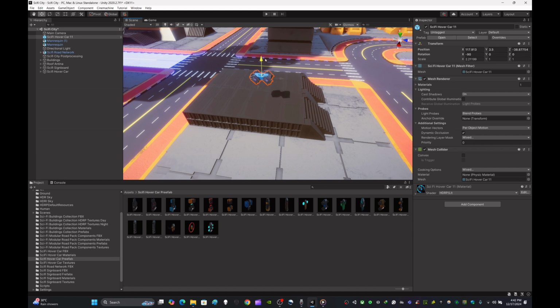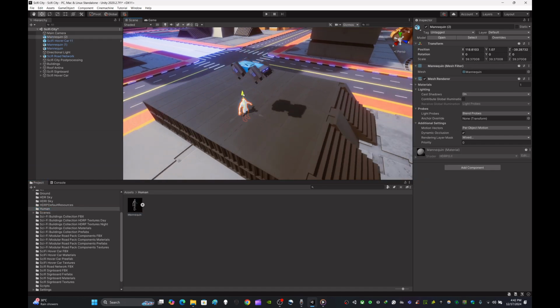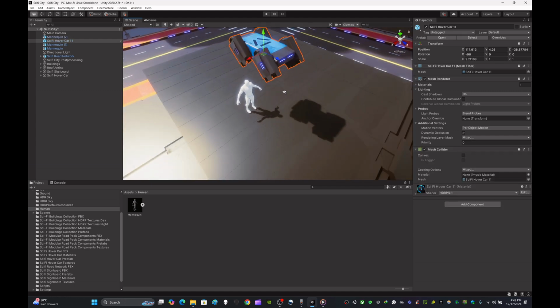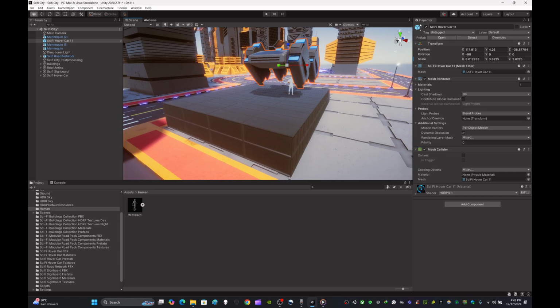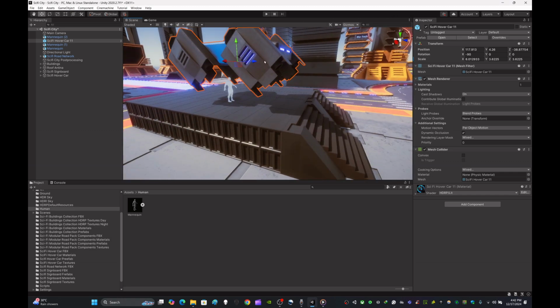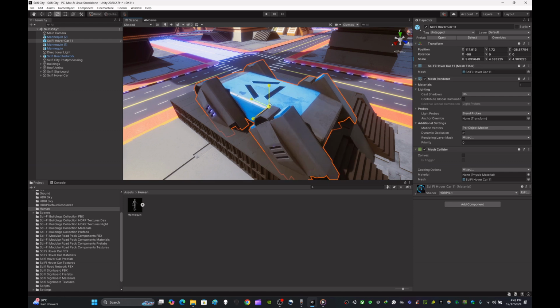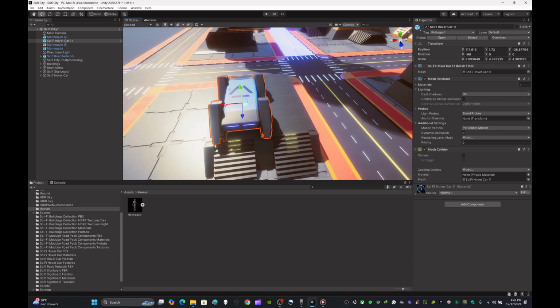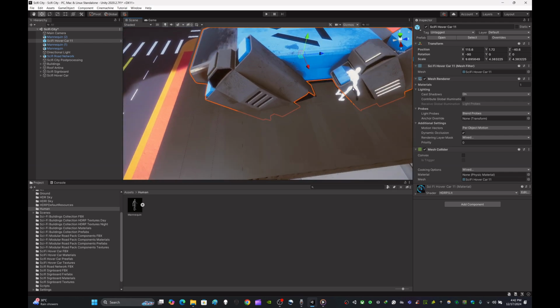Yeah. Now bring up the measurement unit, scale it up according to the character. Yeah, scale it up. Now you see, yeah, this is kind of okay.